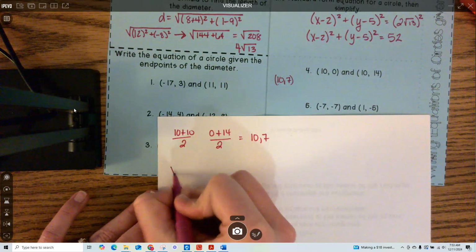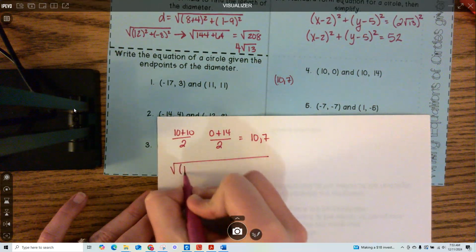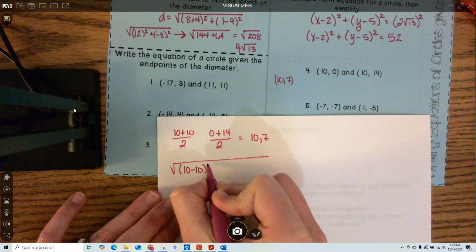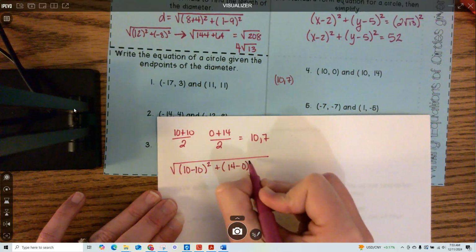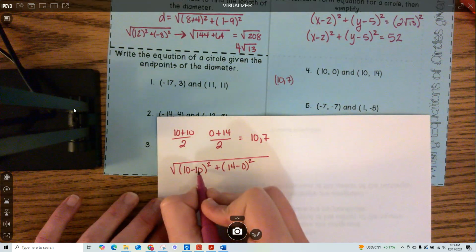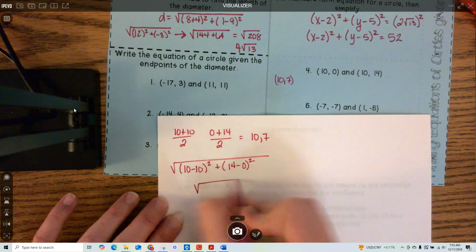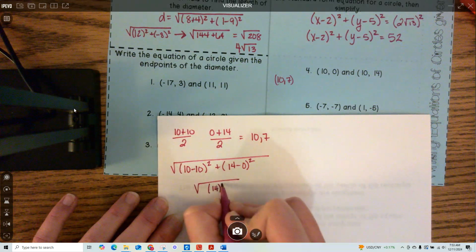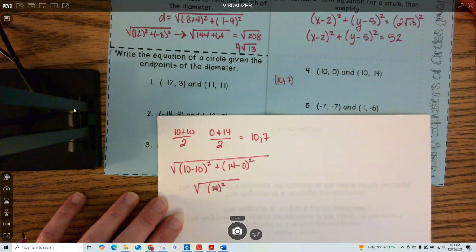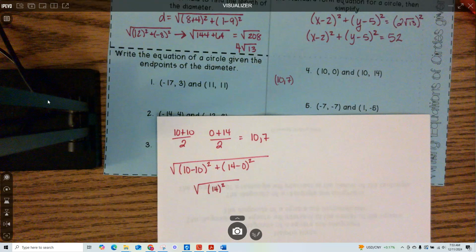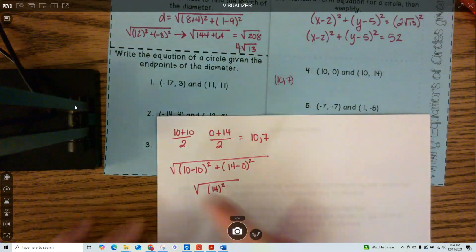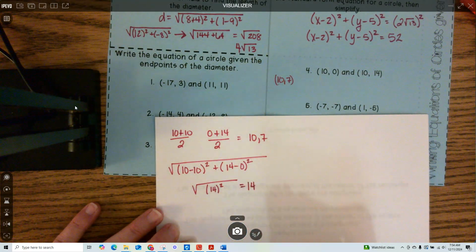And then the distance. So 10 minus 10 squared plus 14 minus 0 squared. 10 minus 10 is 0, it cancels out. What I'm left with is 14 squared. The square root of 14 squared is just 14.